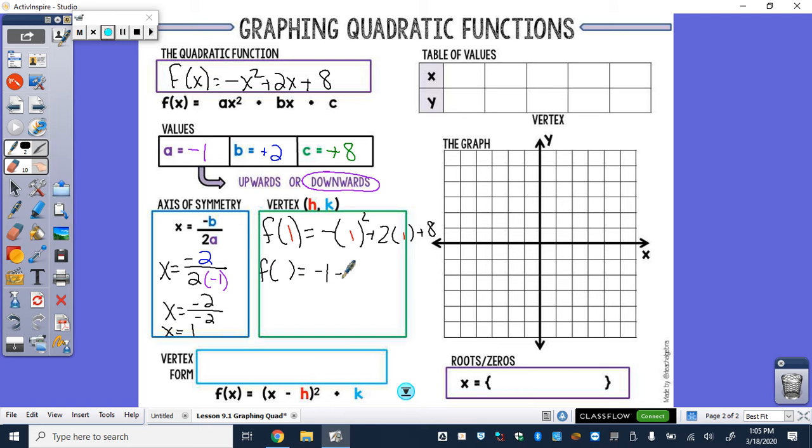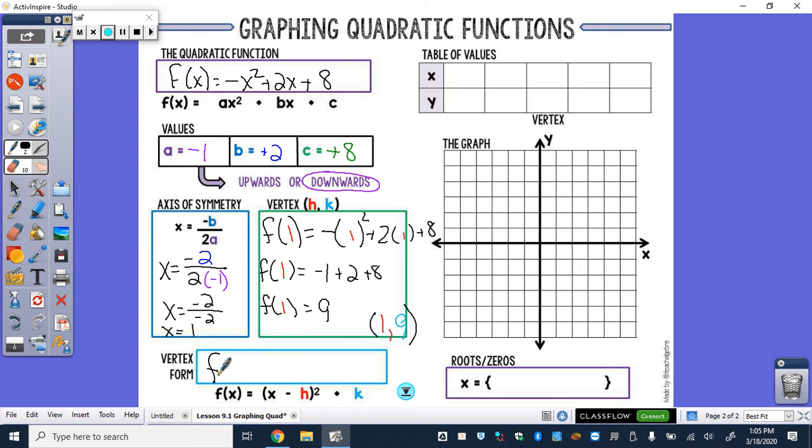That gives me negative 1 plus 2 plus 8. Negative 1 plus 2 is 1, plus 8 gives me a 9. I left those spaces there just because I didn't want to keep switching to my red. But my vertex ends up being the point 1, comma 9.